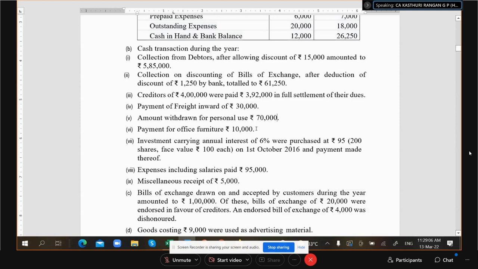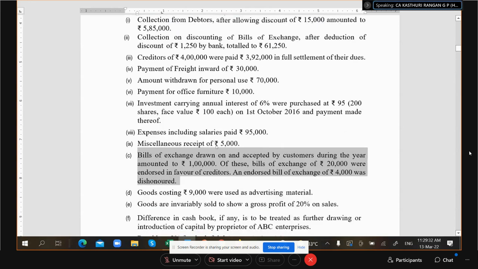Freight inward, personal use, office furniture, investment carrying annual interest of 6% purchased at 95. That means one share at 95, they purchased 200 shares on 1st October during the year, payments were made thereof. Expenses including salary paid is 95. Miscellaneous receipt 5,000. And this is a very important information in the problem.